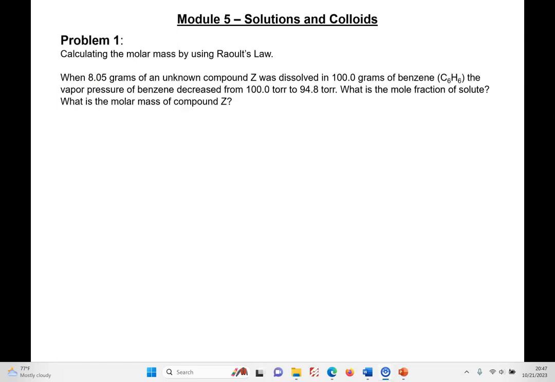All right, next problem, we're going to shift over to the material which is not in the book, but which we talk about in class. We're going to calculate the molar mass using Raoult's law.